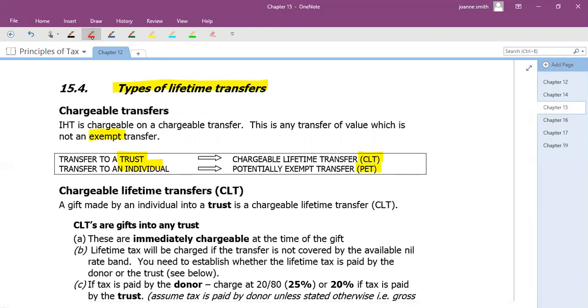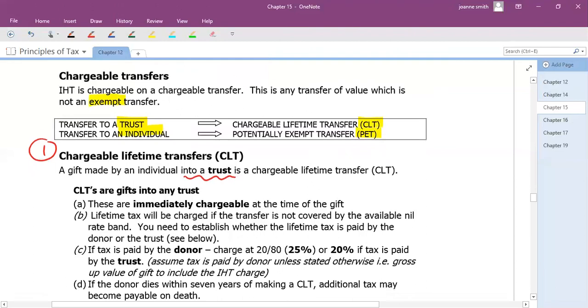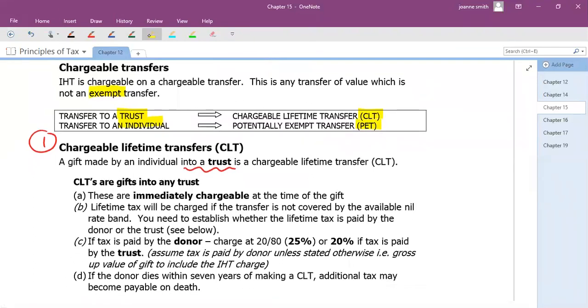So with a CLT, this is where a person is putting some money into a trust. It's the example I gave you earlier. You might put some money into a trust where your grandchildren get the money at a certain age and it gets distributed, but they can't touch it in the meantime. Now, if you pay some money into a trust as the individual, it will be charged immediately at the time of the gift.